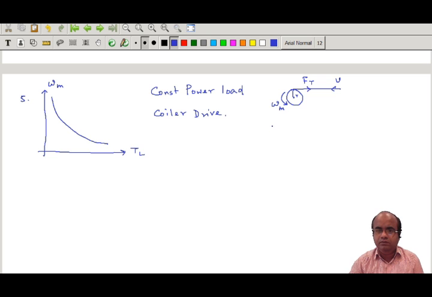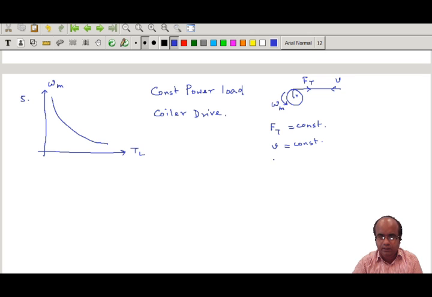Now Ft is constant, and also V is constant. The force applied to the drive is constant and the velocity is also constant.